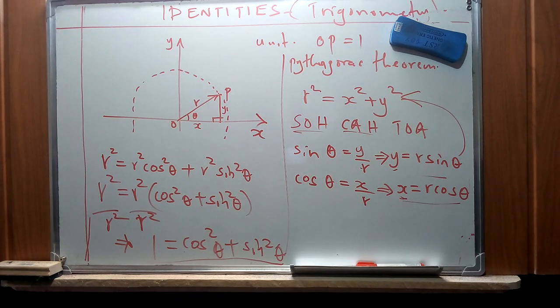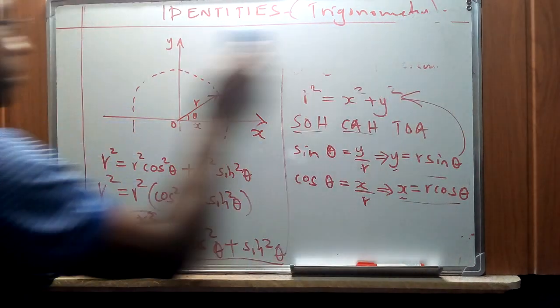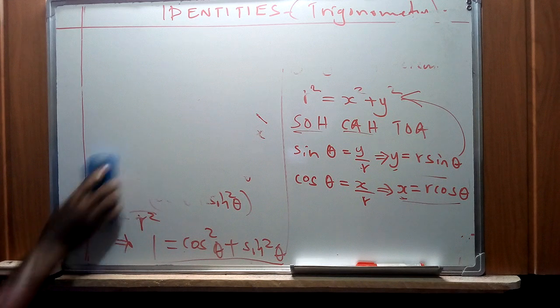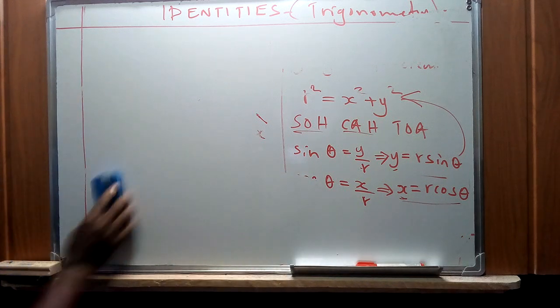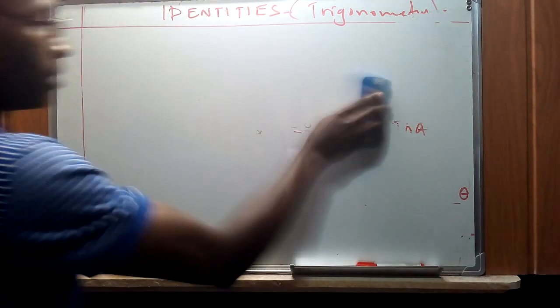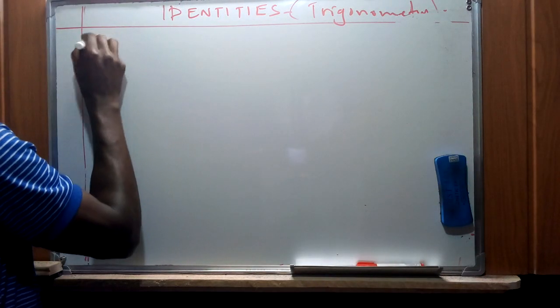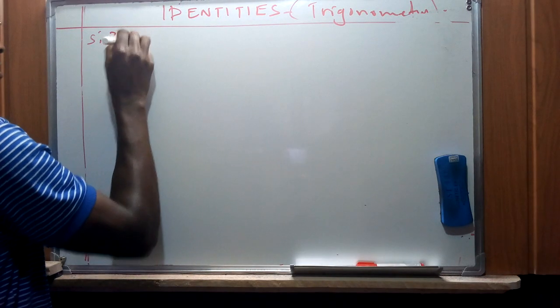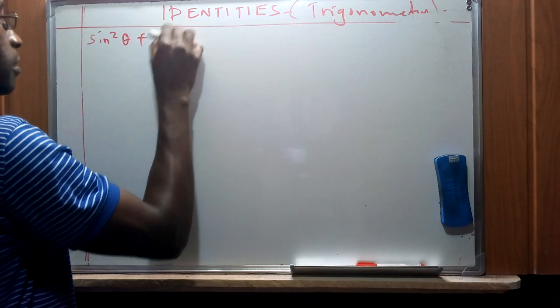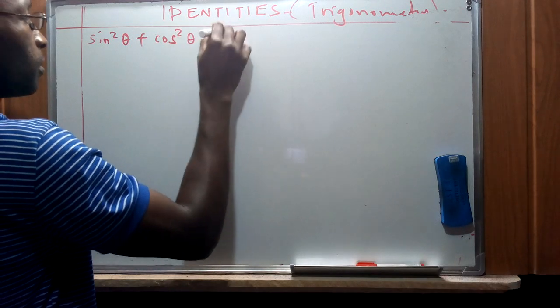Now this expression forms what we call an identity. So I'm going to write it somewhere from this unit circle analysis, so that we're going to use it when we come across it: sine squared theta plus cosine squared theta equals 1.